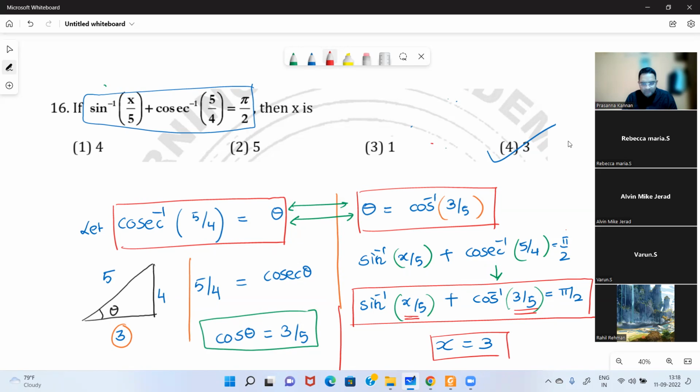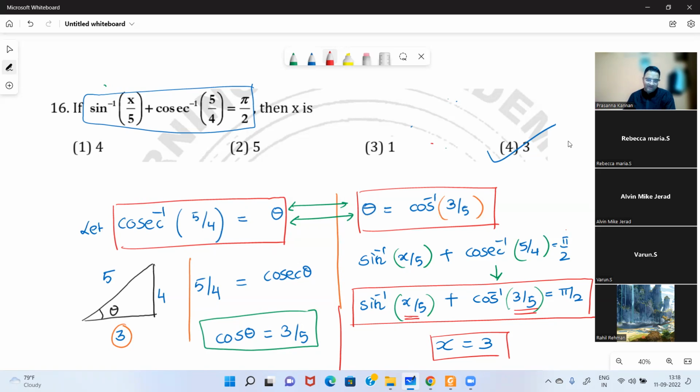I got confused with the triangle. When you asked what is x, my thought was 4 by 5 from the triangle. Your voice is not audible. You said you are confused with the triangle, but after that I couldn't hear you. Sir, I was confused. Now I got it, sir.